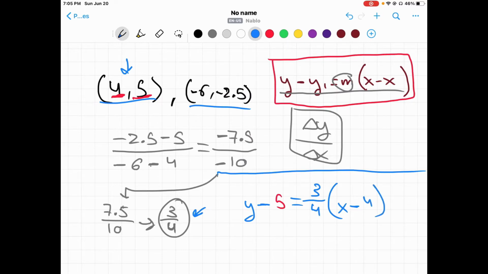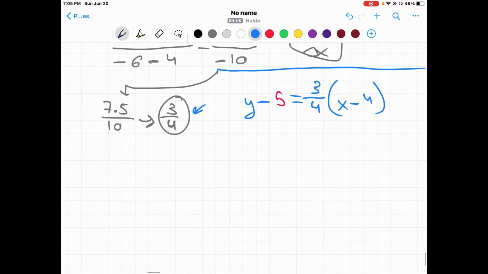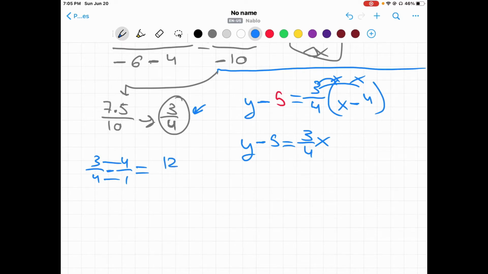minus 4. Now we're going to distribute the 3/4, and we get y minus 5 equals 3/4 x, and now 3 over 4, 4 over 1. Now we would multiply across, and we would get negative 12 over 4.